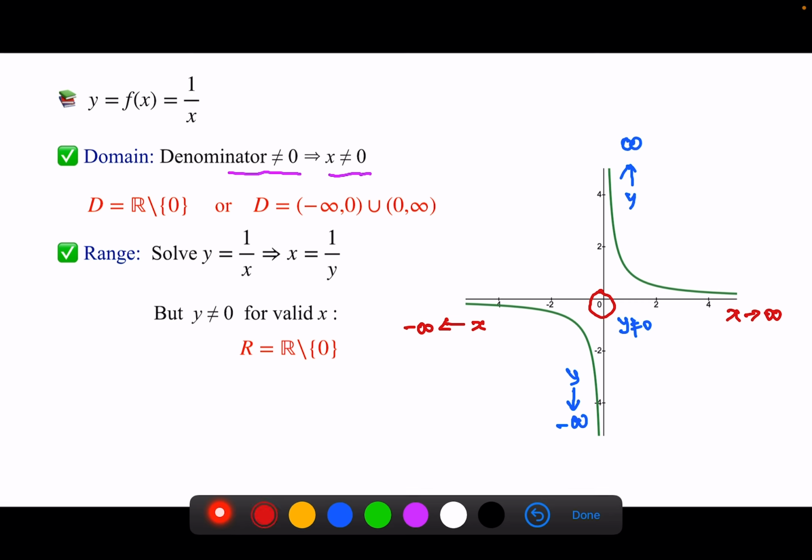So here x is not equal to 0, y not equal to 0. So the domain and range for this function are both the same, which is the set of all real numbers except 0.